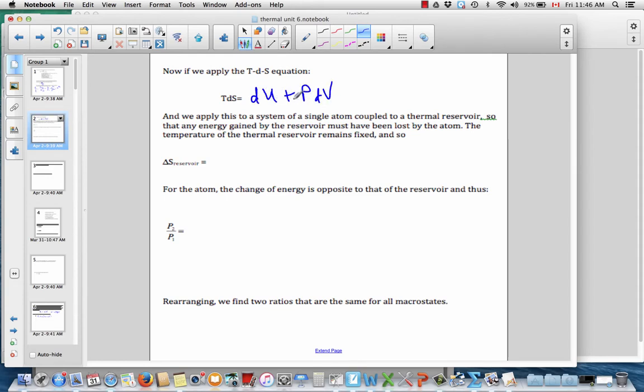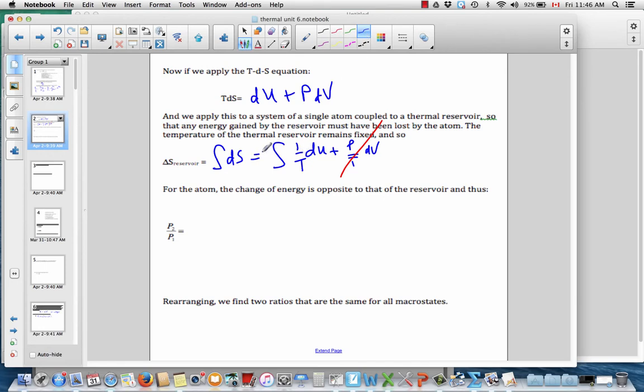Now let's look at a non-gaseous system where the volume really isn't going to be changing significantly at all. And then let's add up dS. So that'll be adding up 1 over T dU plus p over T dV. But we're saying that this term here is small, so that's approximately 0.